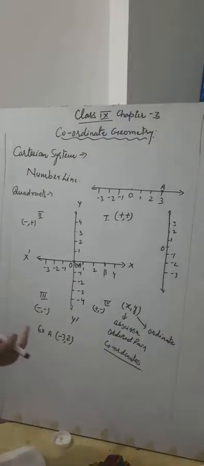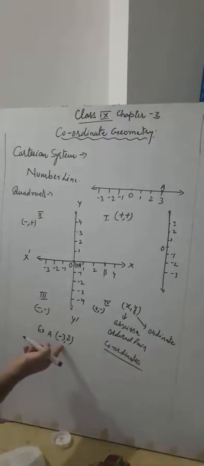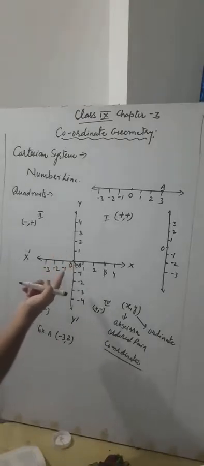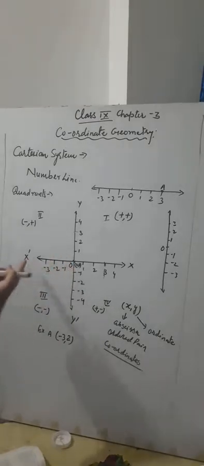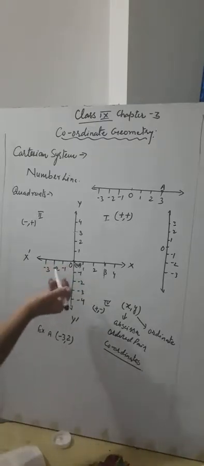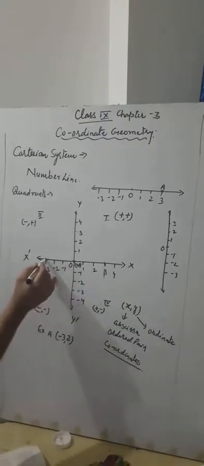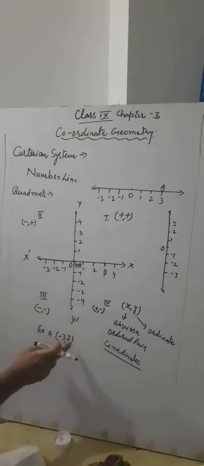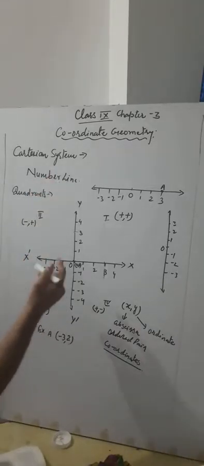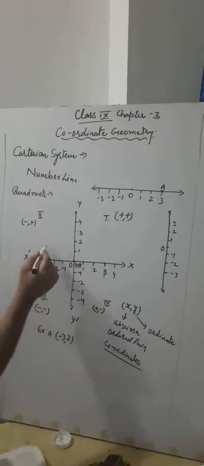So abscissa is -3, so we move 3 steps towards OX dash, means the negative direction of the x axis. So 1, 2 and 3, this is -3, and the 2 means 2 steps towards the positive y axis. So this is the 1 and 2.